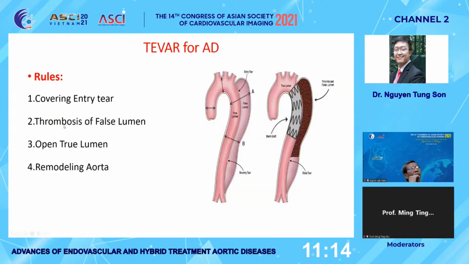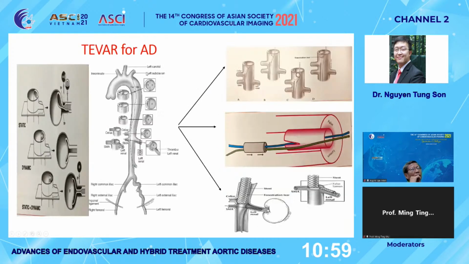Okay, so I focus on TEVAR for aortic dissection. The rule is covering the entry tear, thrombosis of the false lumen, opening the true lumen, and remodeling of the aorta. And there are some TEVAR techniques for aortic dissection in my center.